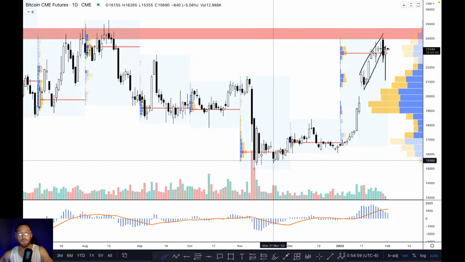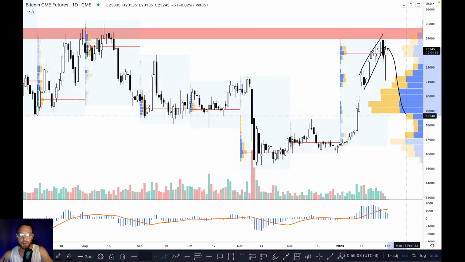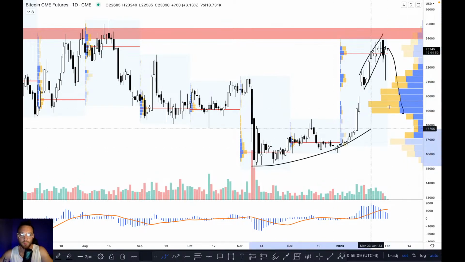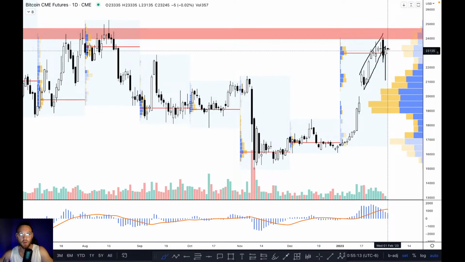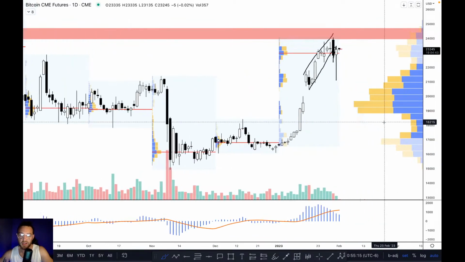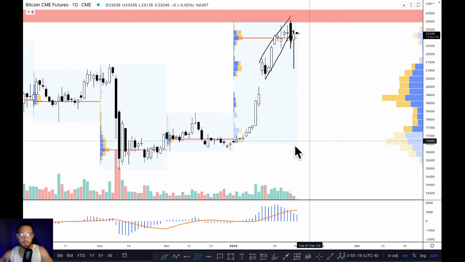So I think it's worth taking a shot if the market does come down into here. No one knows what the market is going to do, but there is some good confirmation that if any of these markets are going to turn around next month, the month after, this one could be it.